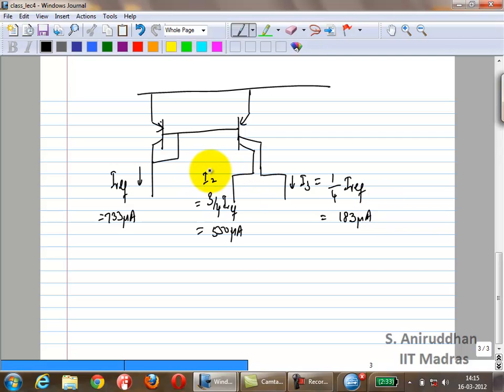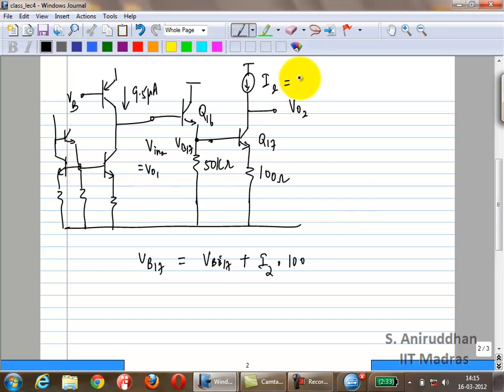And this is your I2 which you are going to use to bias the second stage. I3 will subsequently be used to bias the third stage. Okay? 550 microamps.